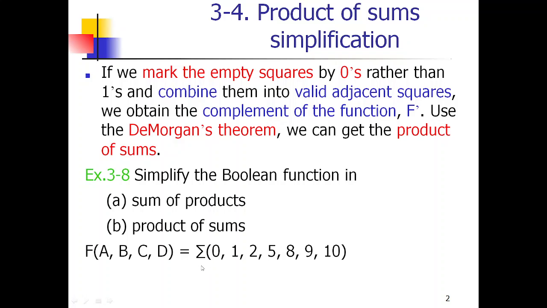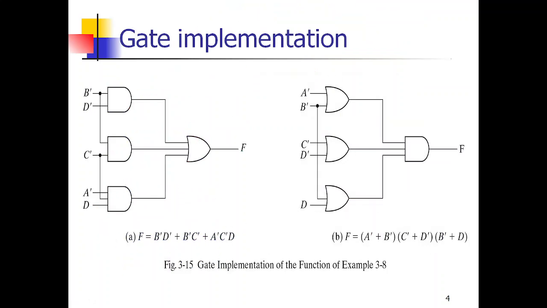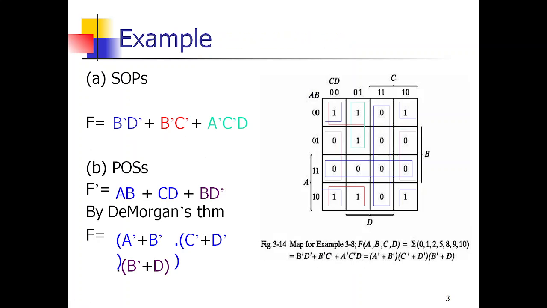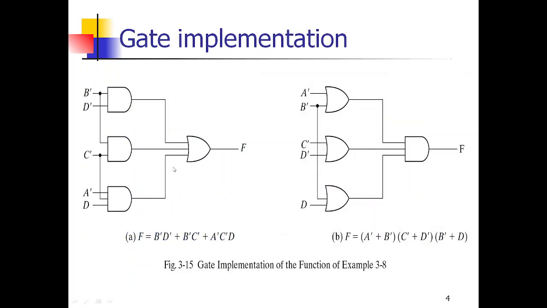Then this is gate implementation, that is, we have obtained the circuit diagram for the boolean function which is derived here. For the SOP we have drawn the circuit diagram, and for the POS also we have drawn the circuit diagram. So this is normal implementation.